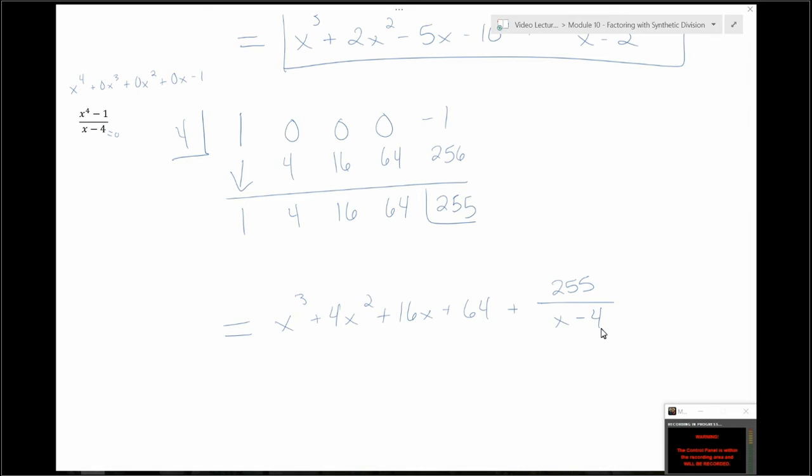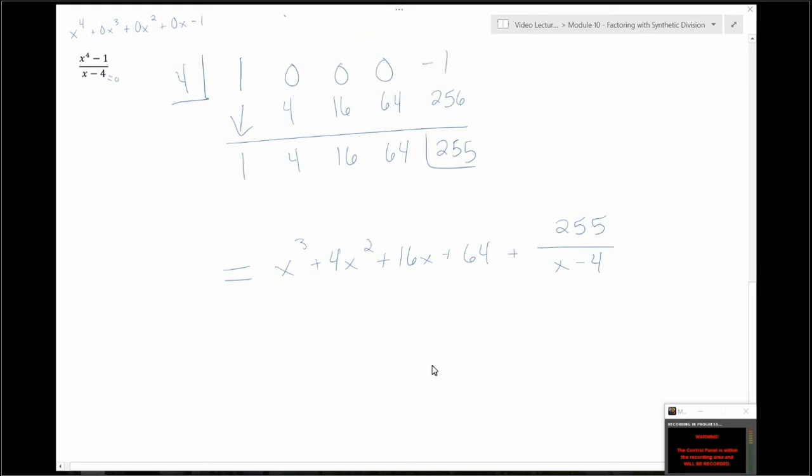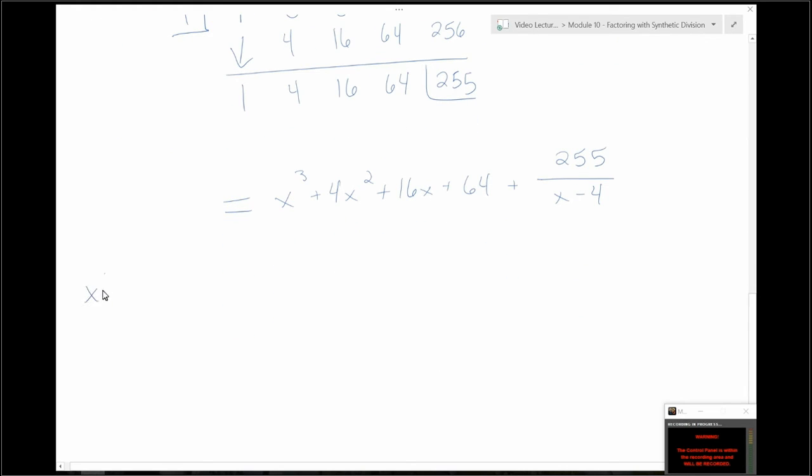Now, in future videos, we're going to use this for factoring. Because if we had it so that the remainder was 0, we would actually be able to factor these polynomials. And I'll do a short example of that.